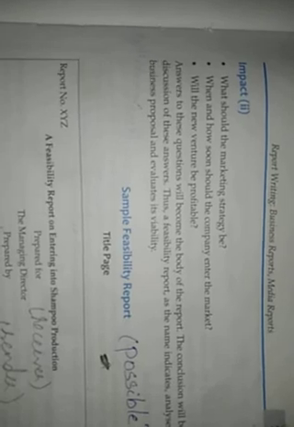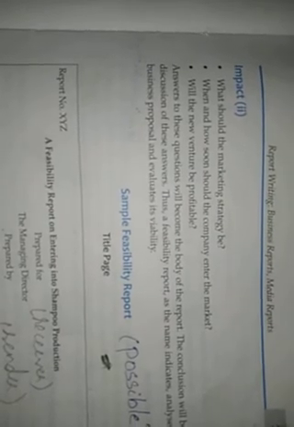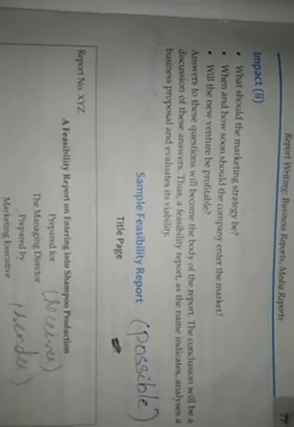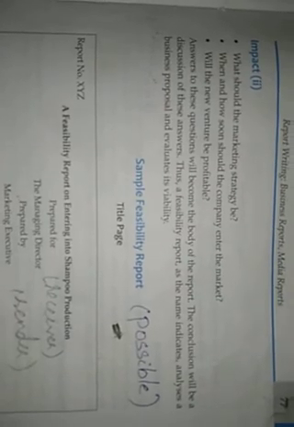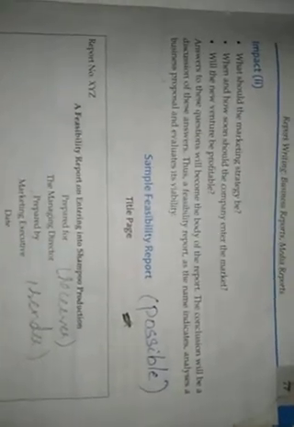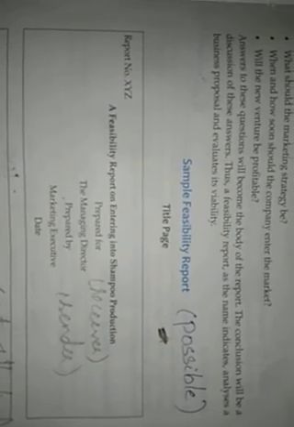Now, look at the sample feasibility report, first the title page, in detail. Look here. Title page. I already discussed the report number. If it is necessary, it should be mentioned here.